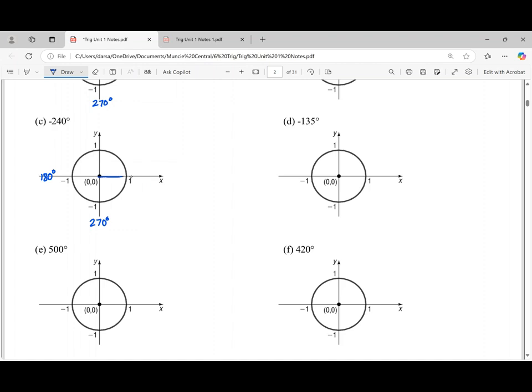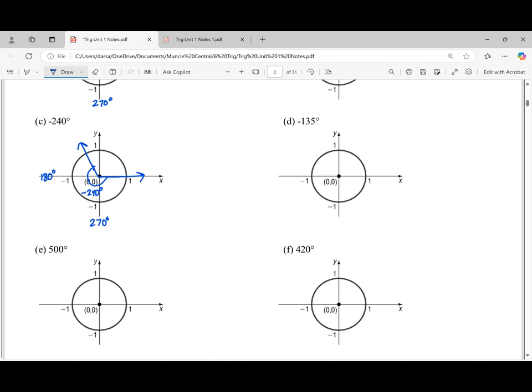So we're still going to put our initial side on the positive x-axis, but we're going to swing 240 degrees in the other direction. So this angle right here is negative 240 degrees because we went in the negative or clockwise direction.